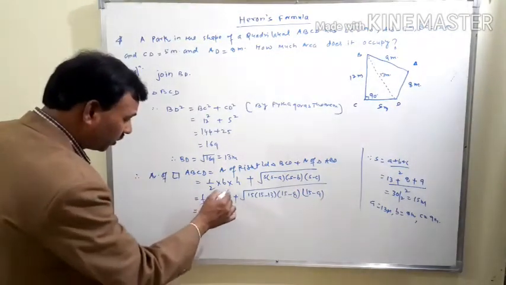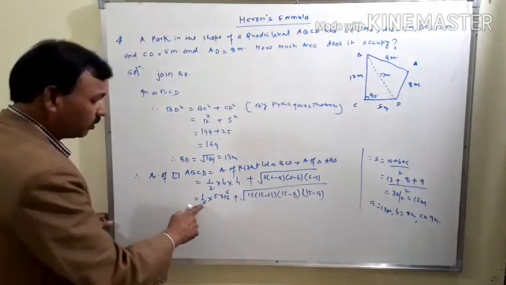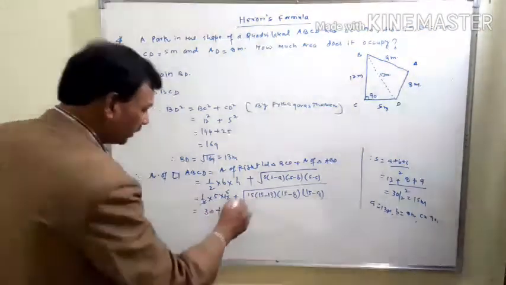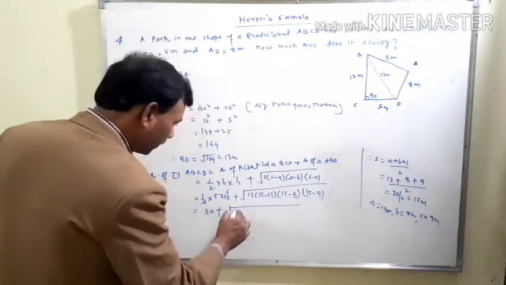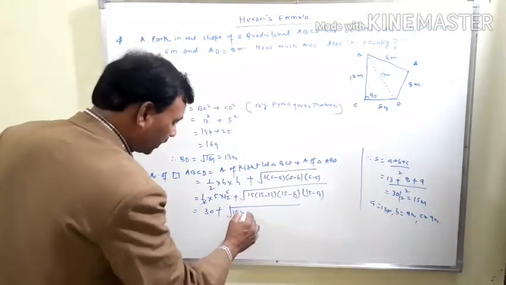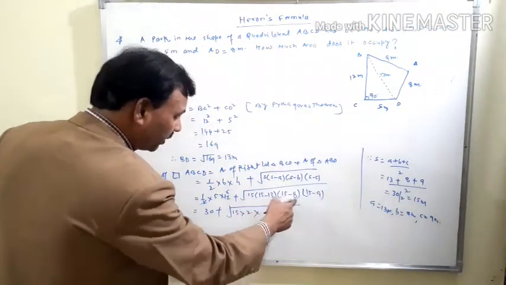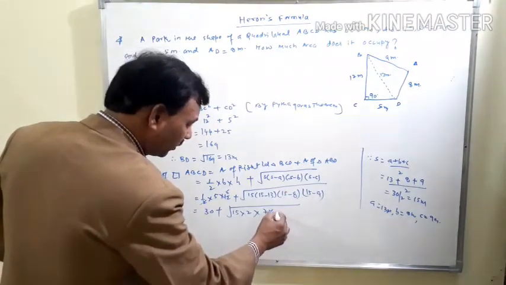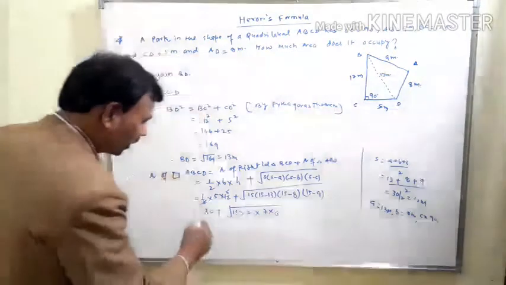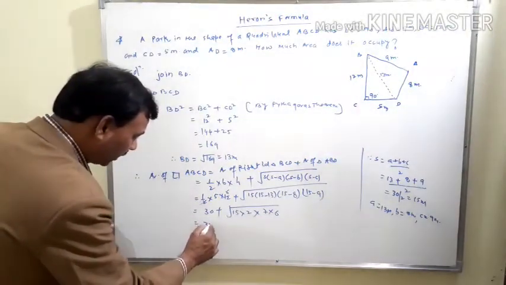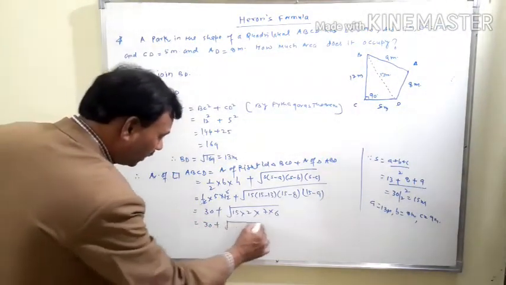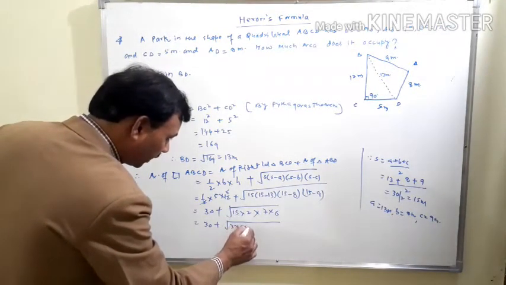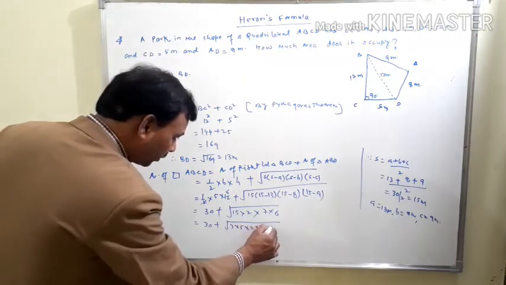This will be equal to, cancel 12 by 2, this will be 6, 6 into 5, 30, plus root under 15 into 15 minus 13, 2, into 15 minus 8, 7, into 15 minus 9, this will be 6. Now write 30 plus root under, you can write 15 as 3 into 5, into 2 into 7 into 3 into 2.